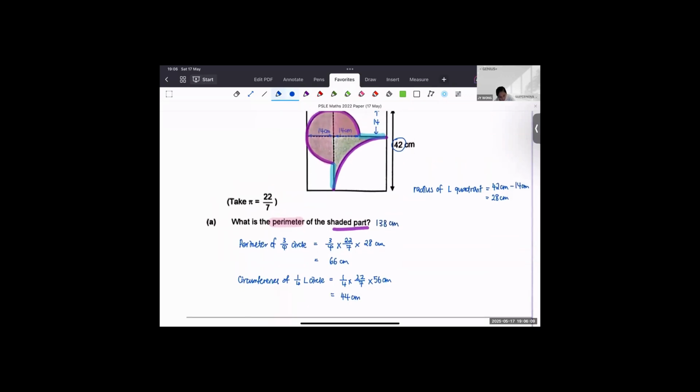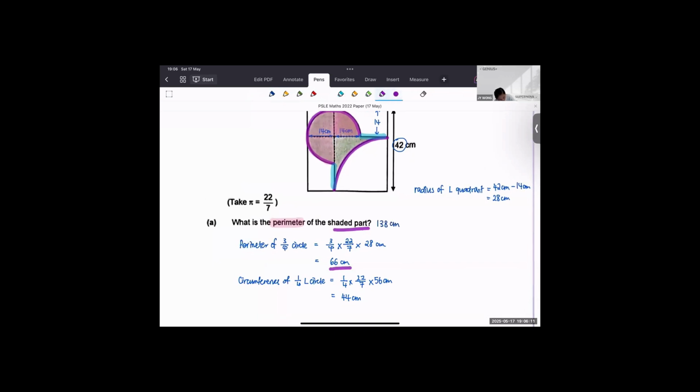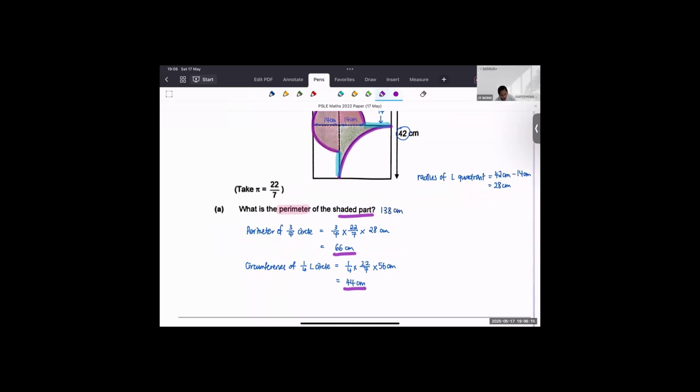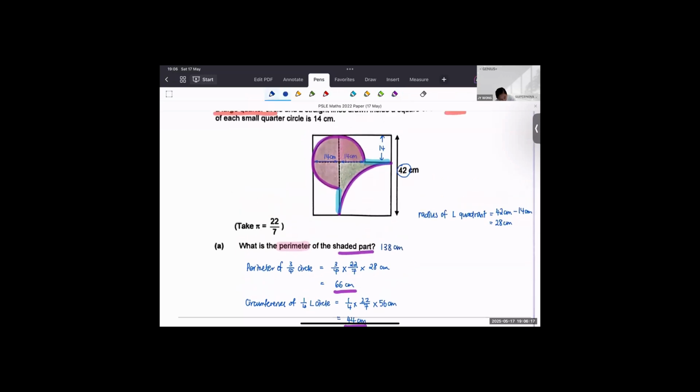So far, we found all the purple parts. Can you see? The 3/4 circle, the large quarter circle, and last but not least, we are supposed to find out all this, which we already know is 14 cm. And then this part here, let me show you. Here to here is 28.